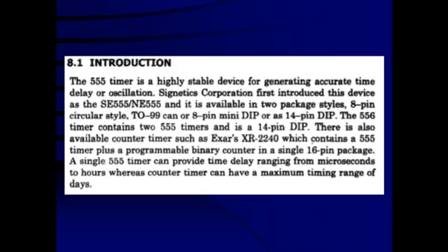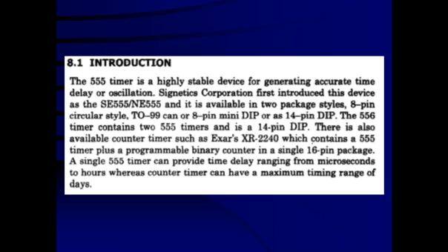So in total it is 8 pin, and it is called mini DIP. It is also available in a 14 pin DIP, where two 555 timers are packed in a single IC, and that is known as the IC 556 timer, which contains two 555 timers and is a 14 pin DIP.